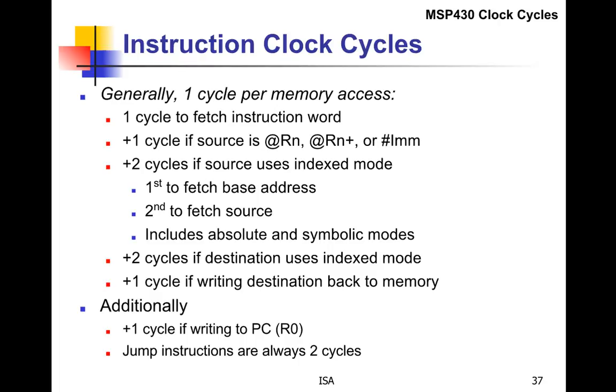So let's look at that a little more closely. 1 cycle to fetch an instruction word. 1 cycle if the source is indirect, or indirect with increment, or immediate. 2 cycles if the source uses indexed mode, like for arrays. 1 to fetch the base address, and the second to fetch the source.